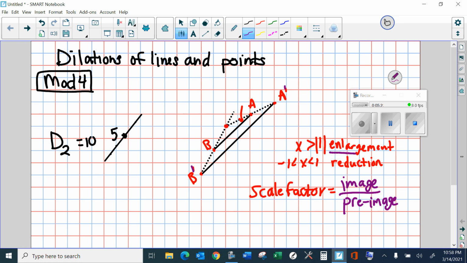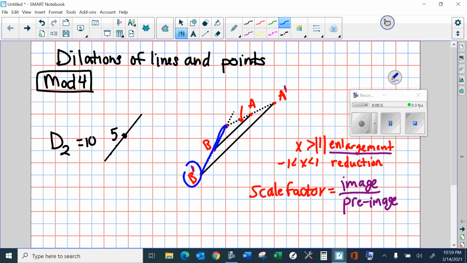If I want to get the actual number, one of two ways. I either calculate the distance exactly of those two lengths and do the image length over the pre-image length, or I can go from the center of dilation out to the pre-image point and the image point, and then divide those distances.